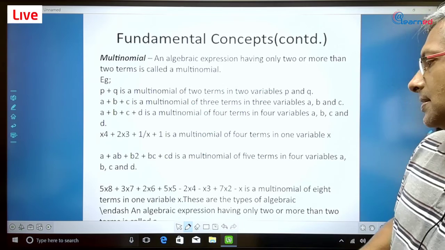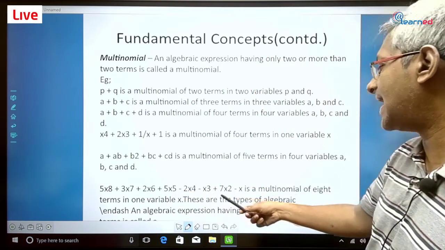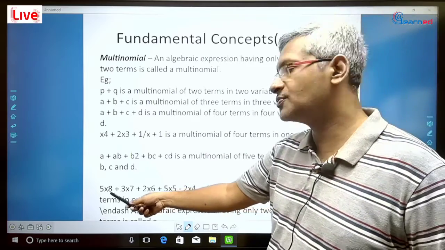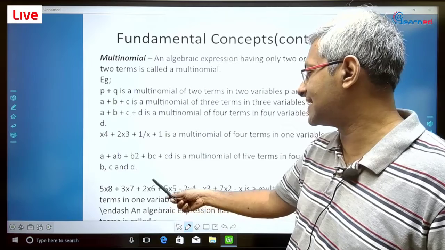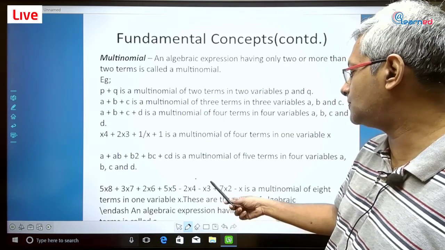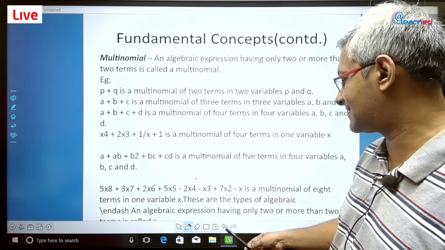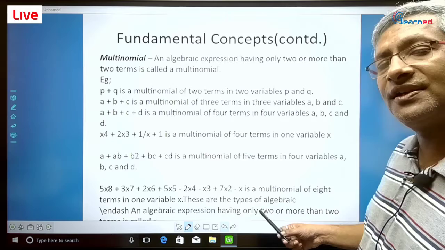Similarly, this is a multinomial of 8 terms: 5x to the power 8 plus 3x to the power 7 plus 2x to the power 6 plus 5x to the power 5 minus 2x to the fourth minus x cubed plus 7x squared minus x. This is a multinomial of 8 terms in only one variable x.